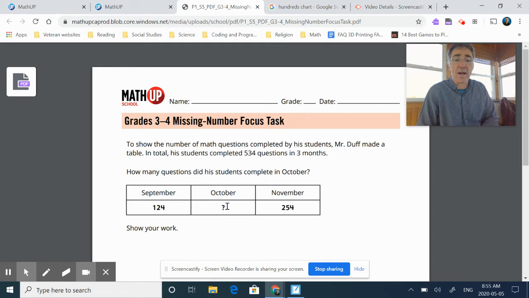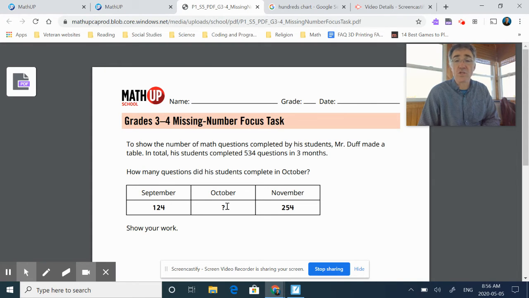So in other words, I could take 254 plus the 124, add something to finally get up to my 534, or I could do the reverse, where I would take 534 and subtract from these numbers. Traditionally, from an algorithm standpoint, most students would take the 534, then subtract the 254, subtract the 124 to get the answer, or they may add these two numbers together and then subtract that from the 534.